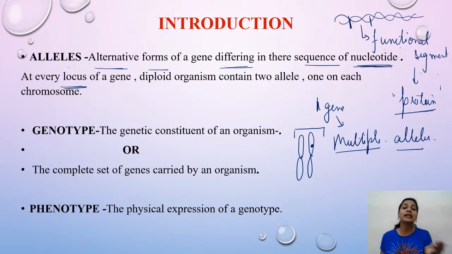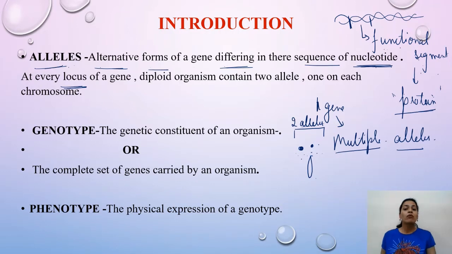Because they are exactly carbon copies of each other. If a particular gene is located at this locus, the same gene will be located at this locus also. But because it is a diploid organism, there can be only two genes, so only two alleles. So this gene can have two alternative forms, and these alternative forms of the gene are known as alleles.